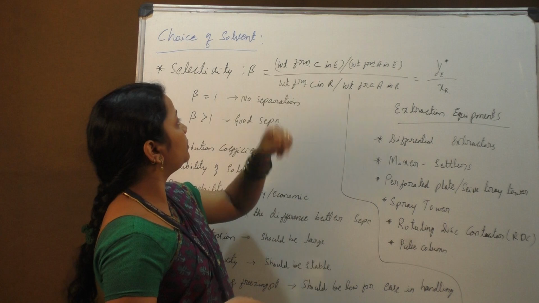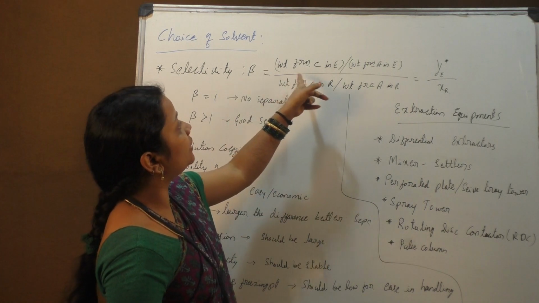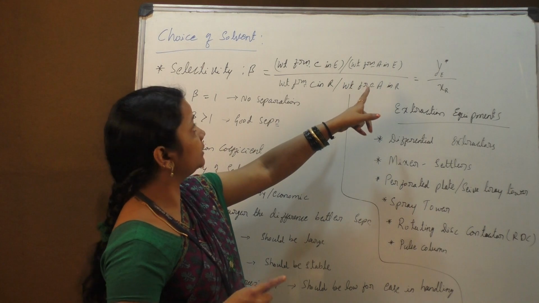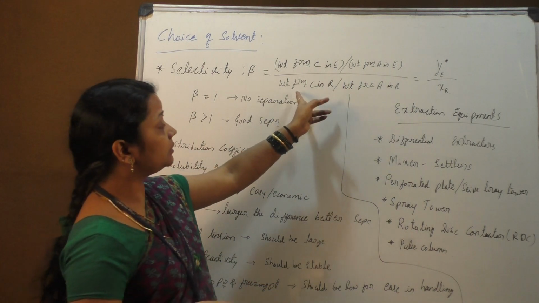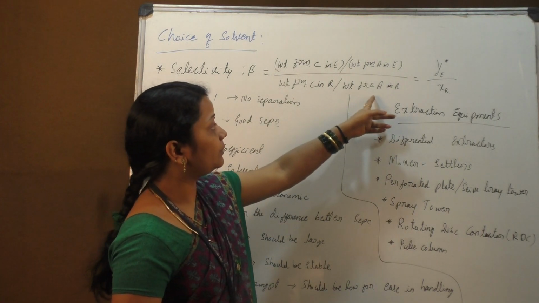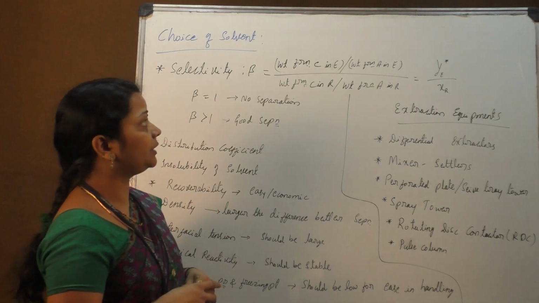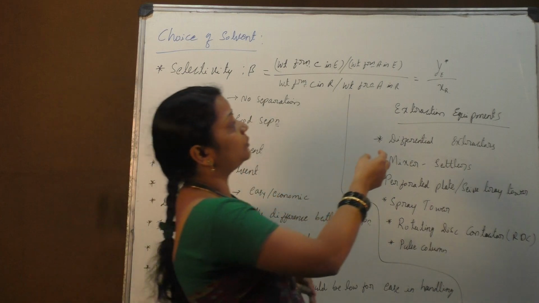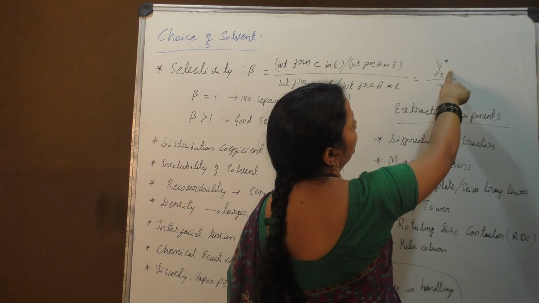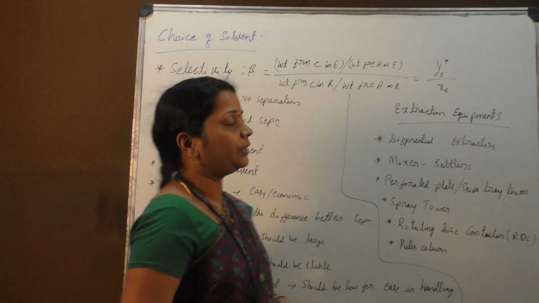So by definition, beta is the weight fraction of C in extract by weight fraction of A in extract, divided by the ratio of weight fraction of C in raffinate and weight fraction of A in raffinate. In other terms, if you simplify the parameter, it is talking about the solute distribution in the extract and the raffinate phase.